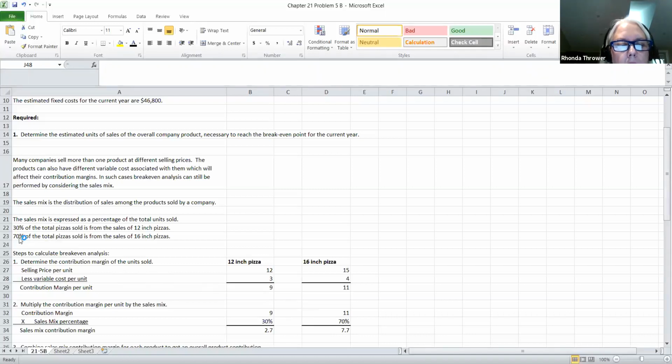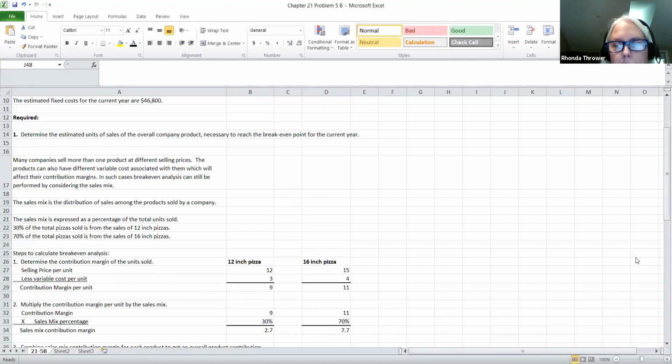Well, we also wrote it down here, 70% of the total pizzas sold is for 16-inch pizzas. When you multiply 70% times 11, that will give you $7.70. This is the sales mix contribution margin that would be attributed to the 16-inch pizza.